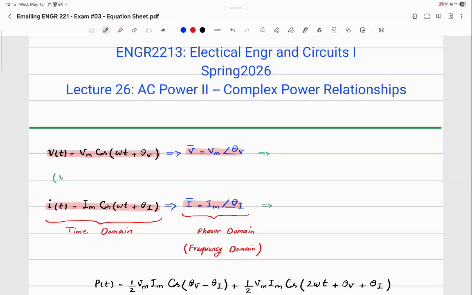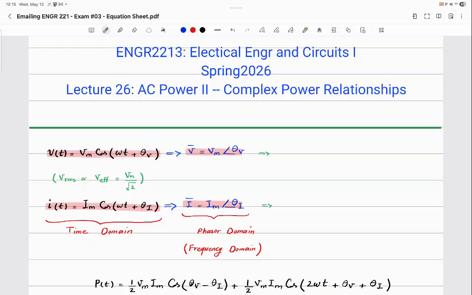Yeah. So if you remember, V RMS or V effective is equal to Vm, which is the amplitude of the signal, divided by √2, right?